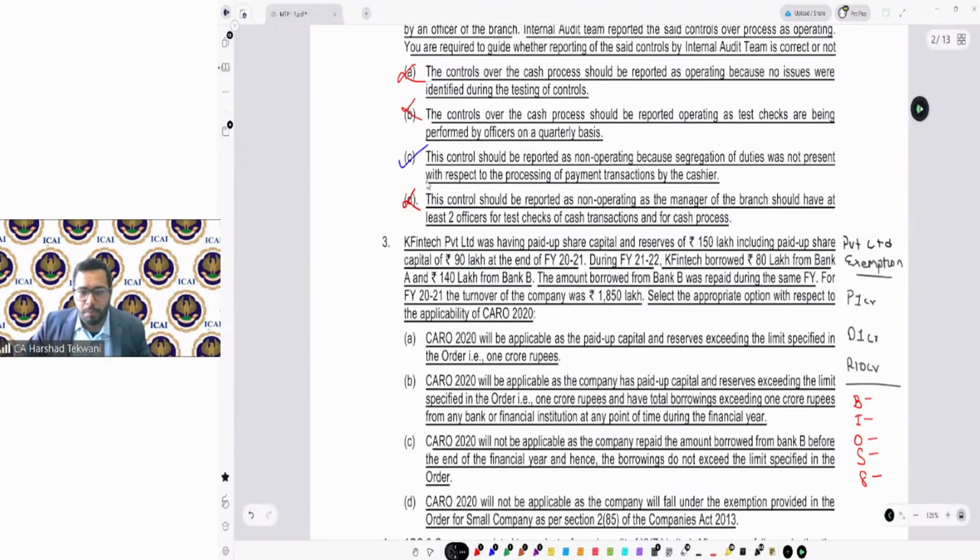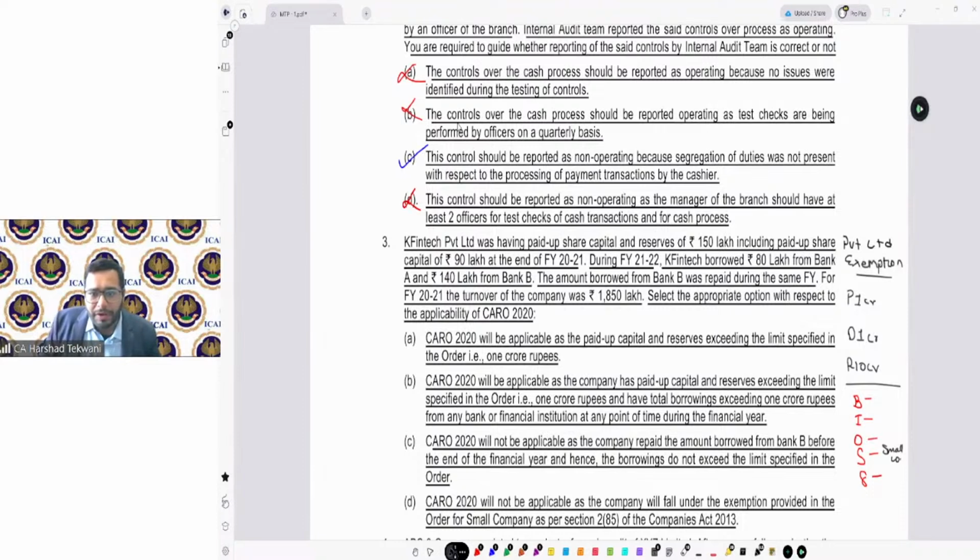When I say small company, the definition is in section 2(85) of the Companies Act, where a small company means a company other than a public company, with paid up share capital less than 4 CR and turnover less than 40 CR.